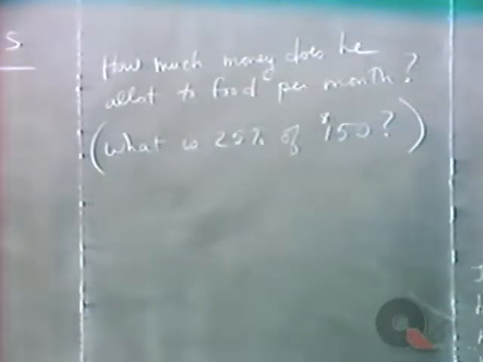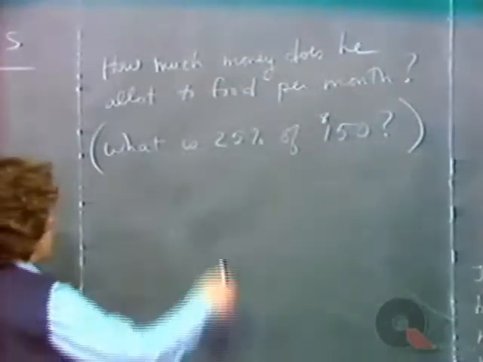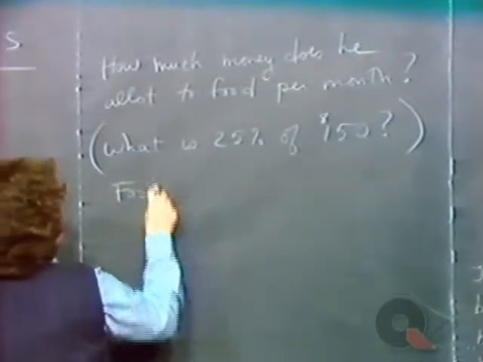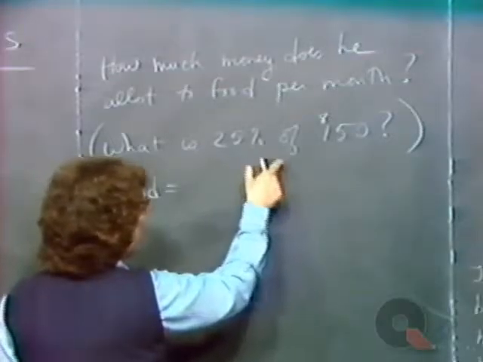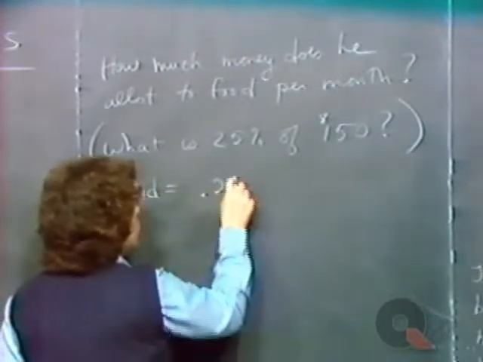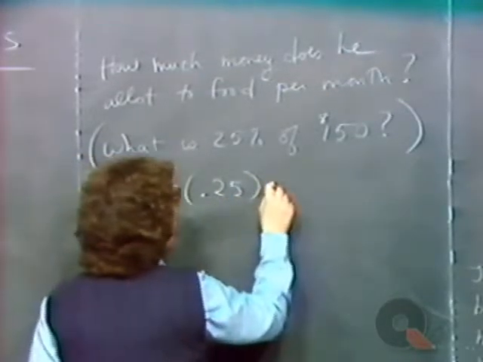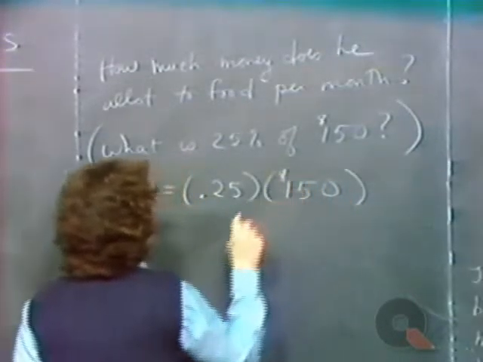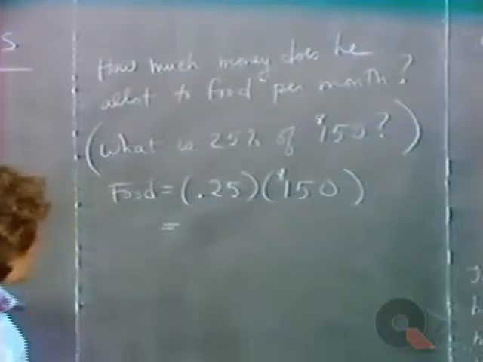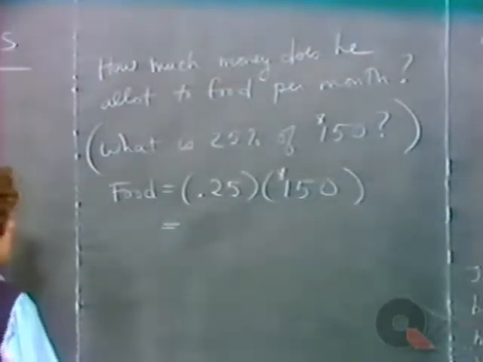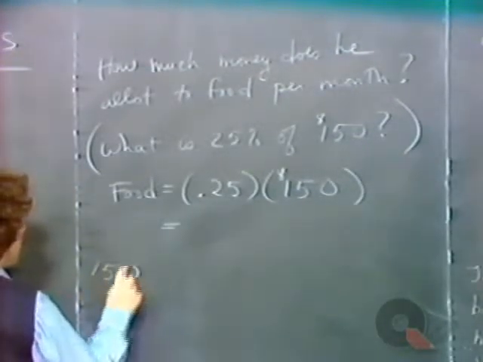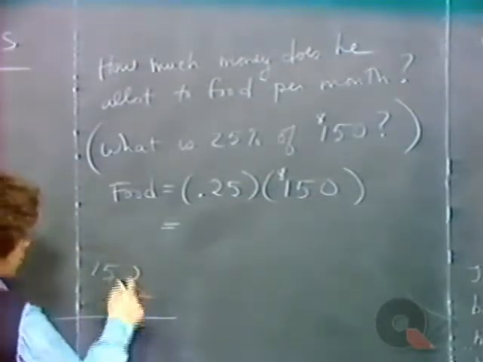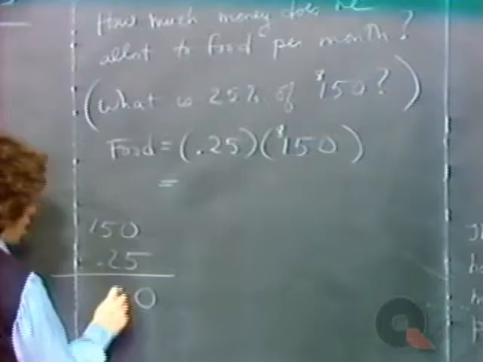What is 25% of $150? That is, we would calculate 25%, which can be written as 0.25 times $150. 150 times 0.25. 5 times 0. 5 times 5 is 25.